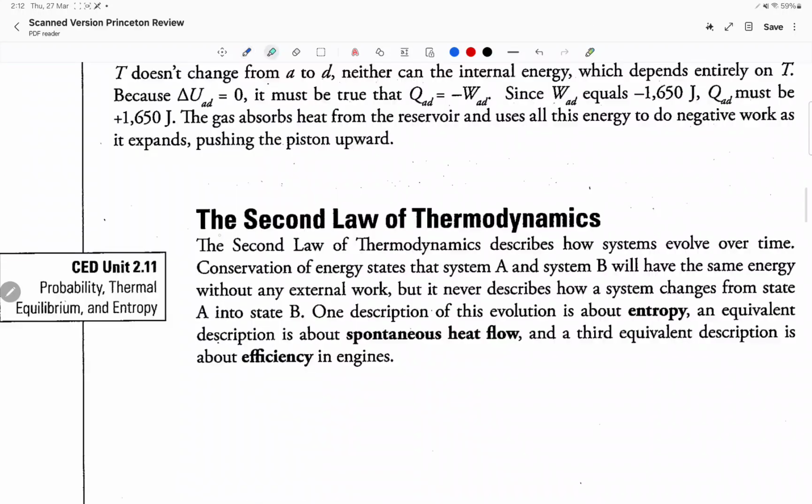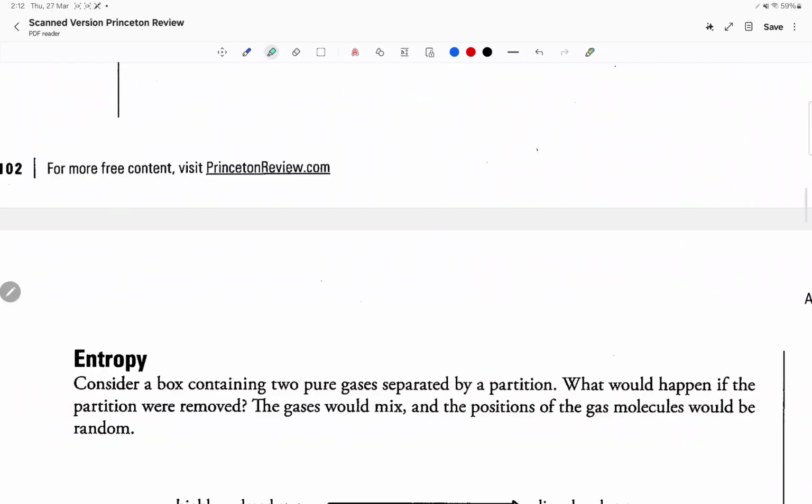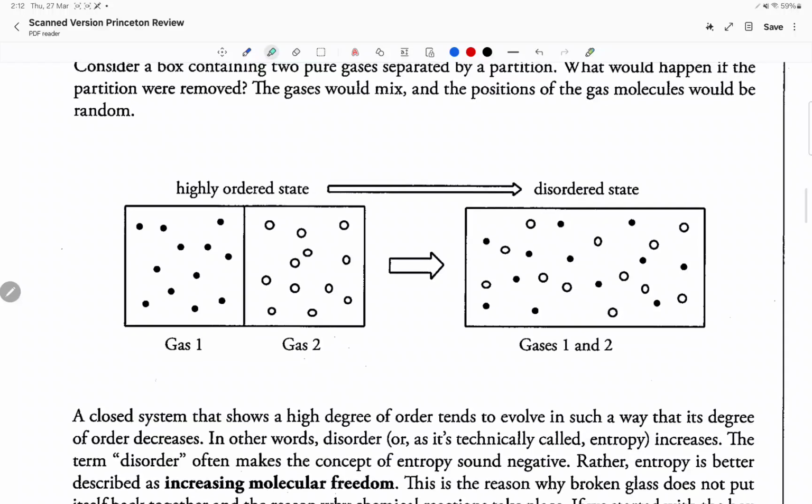Now the second law of thermodynamics is going to be very important. It says that heat will flow spontaneously from the hotter object to the colder object. Why? In the attempt of increasing entropy. So if you put two gases together, gas 1 and gas 2, once they mix, you get a disordered state.